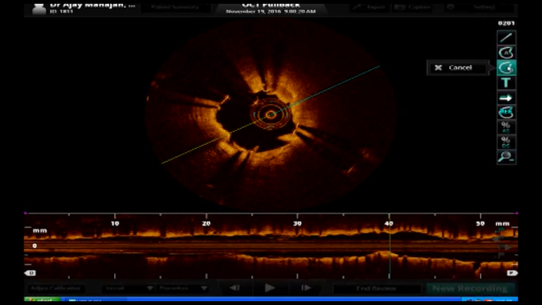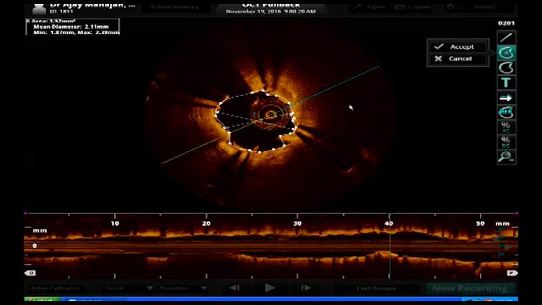So I am putting a 3 millimeter balloon. If I may, it is 2.11.